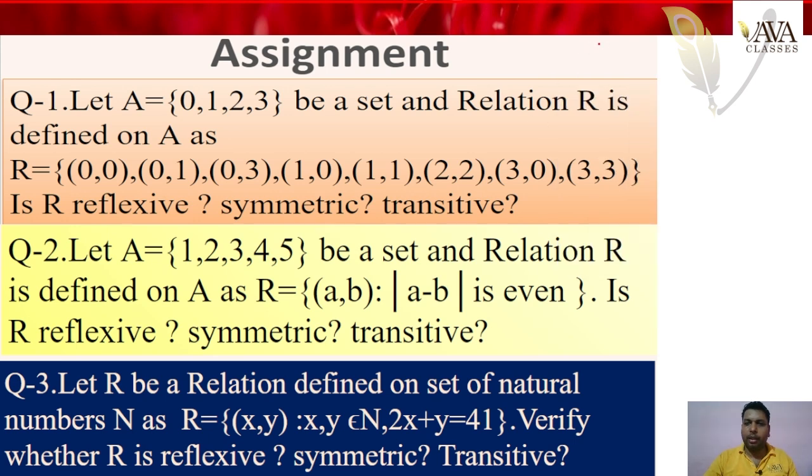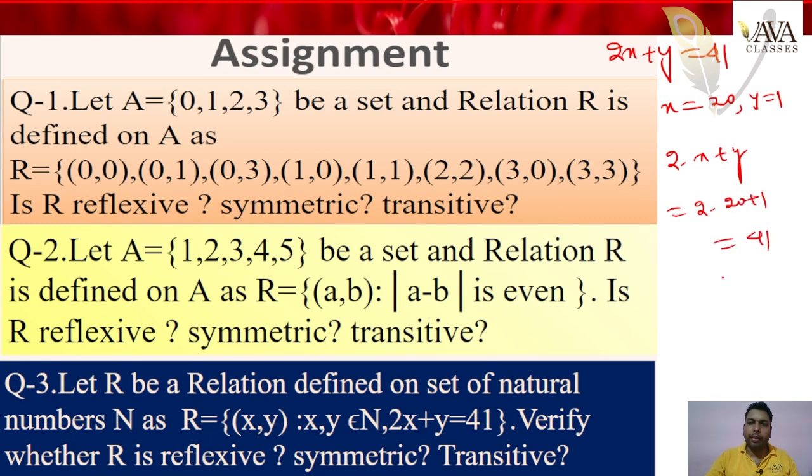Now, suppose 2x plus y is 41. Suppose x is 20, y is 1. Then 2 into x plus y is 2 into 20 plus 1, 40 plus 1 is 41.